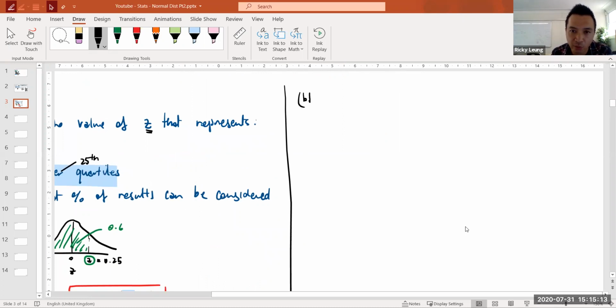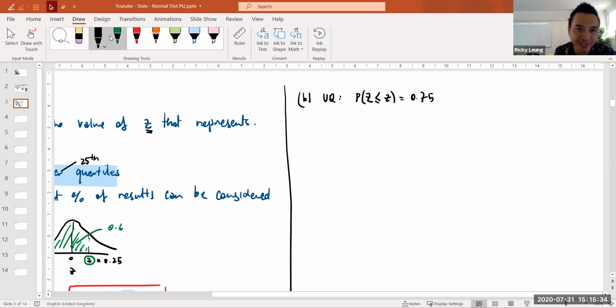So for the upper quartile, which I think people write as Q1, but let's just say upper quartile. I know that the probability of z less than or equal to z equals 0.75, right?